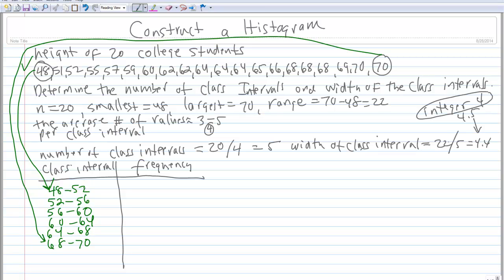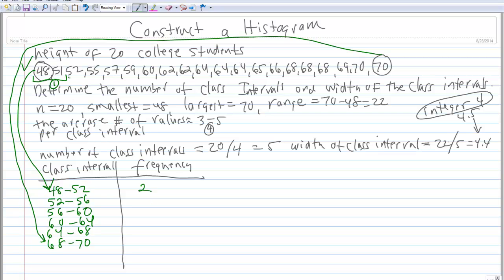So in general, if the value is equal to the top value of the interval, we put it in the next class. So we're looking for everything between 48 and 52, excluding 52. If we look at that, we see we get this right here. So those values right there are in our first class interval. We'll see that there are 2 of them.